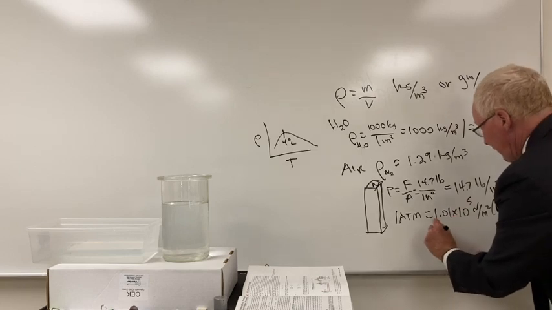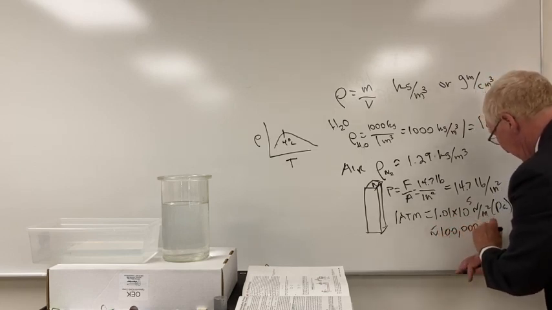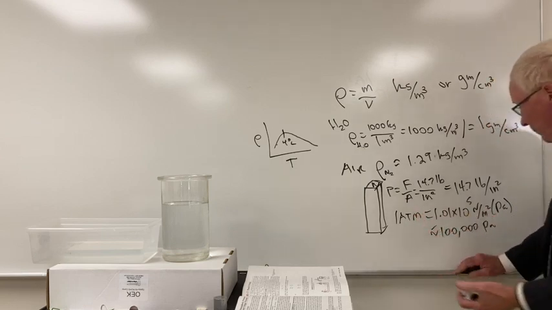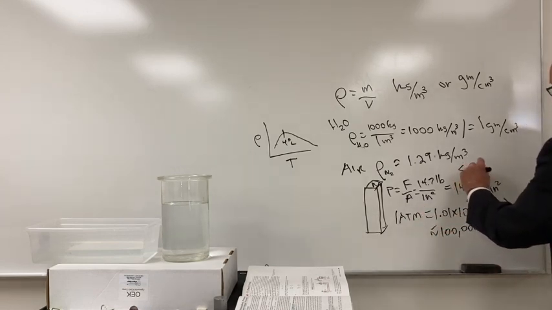So roughly 100,000 pascals is 1 atmosphere of pressure. So these are all equivalent. We call it 1 atmosphere's pressure at sea level.